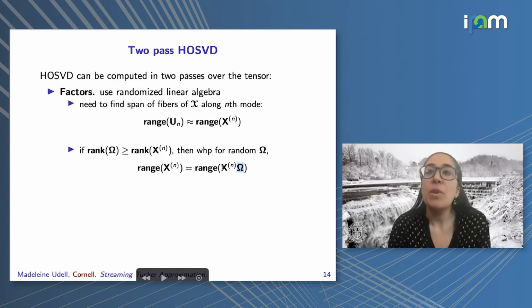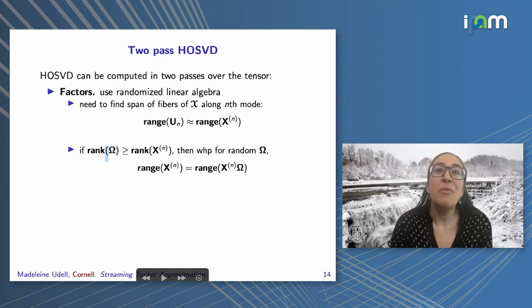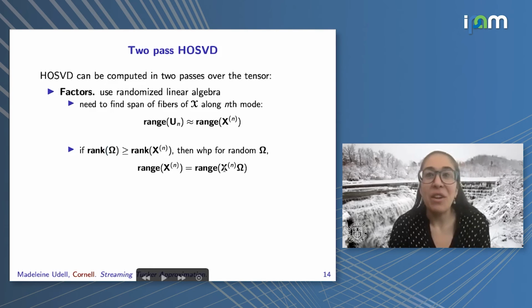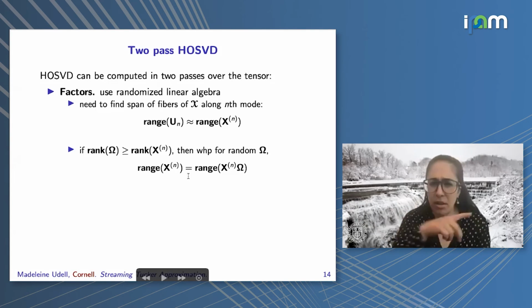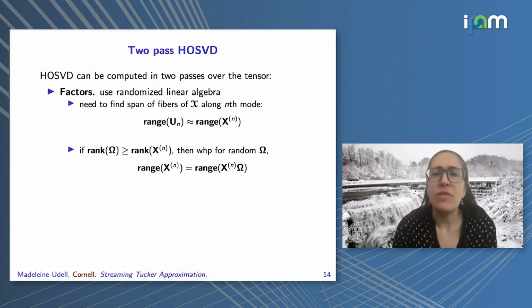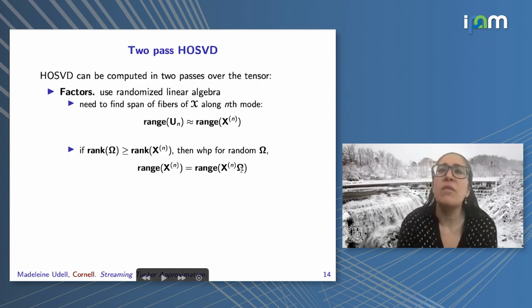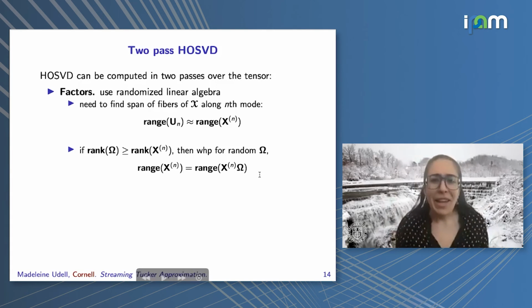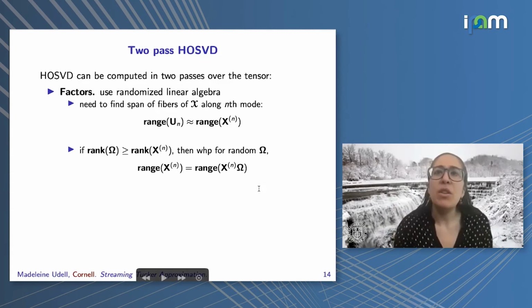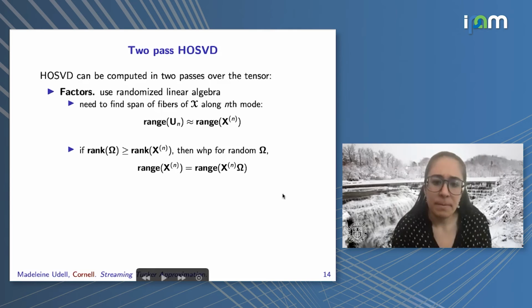I'm going to compute the product of the nth unfolding of X with omega. And I'm going to use the fact that as long as the rank of omega is large enough compared to the rank of the unfolding, then the range of the columns of the unfolding is the same as the range of the columns of the unfolding times omega. So if I choose omega to be the right shape, I can get a good approximation, but I'm computing the range on a much smaller matrix.